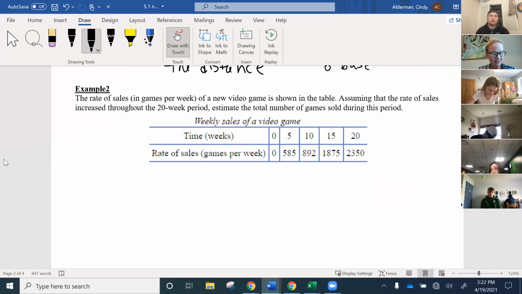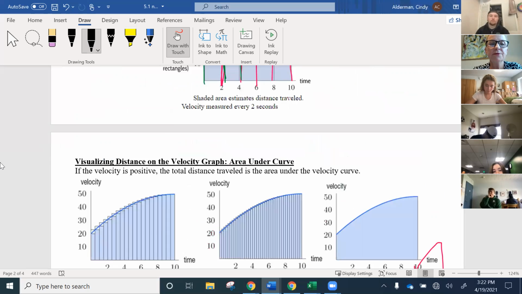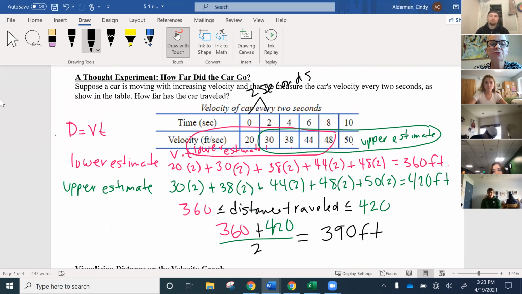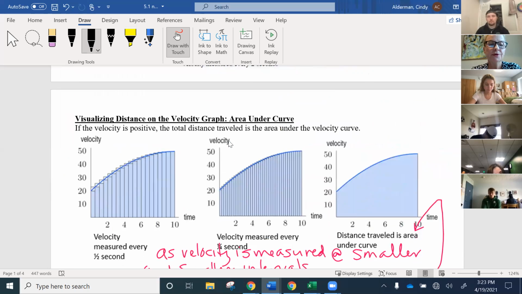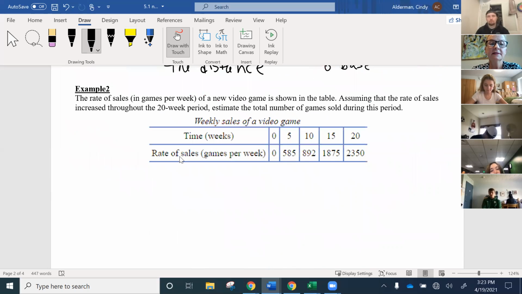Okay, now we did some rate of sales problems when we were doing the derivatives. So we're going to go backwards. The rate of sales in games per week of a new video game is shown in the table. Just like in the prior example, where I'm showing you a rate, which happens to be velocity, here I'm showing you a rate of sales, how many games per week were sold.